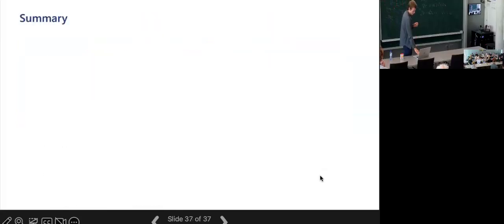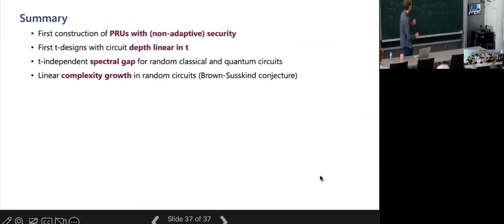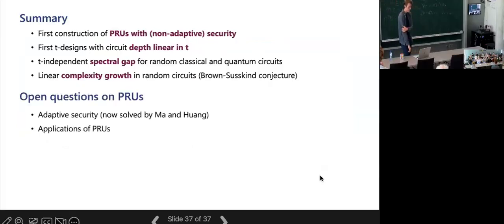Okay, so with this, let me wrap up. These are the 4 results that I promised at the start, that I hope I've convinced you do indeed exist. On the PRU side, some open questions are, well, the obvious one was adaptive security and inverse security, which has now been solved. The other one is, frankly, applications of PRUs.